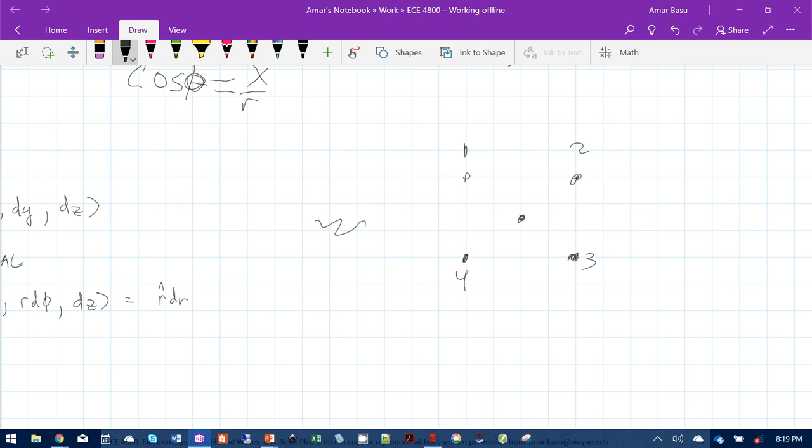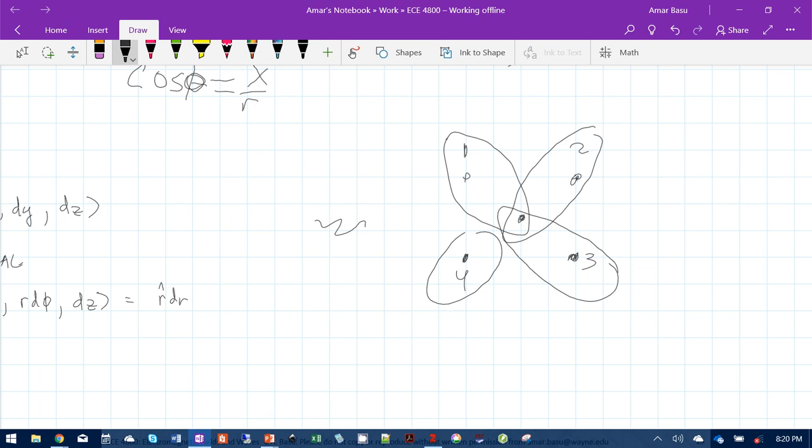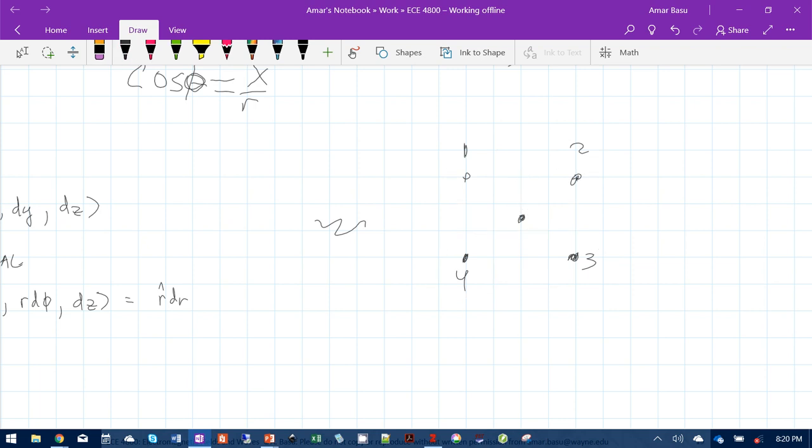You have to do 4 different problems. You have to find the electric field due to charge number 1, then due to charge number 2, then this charge, and this charge. And you add them all together. That's superposition.